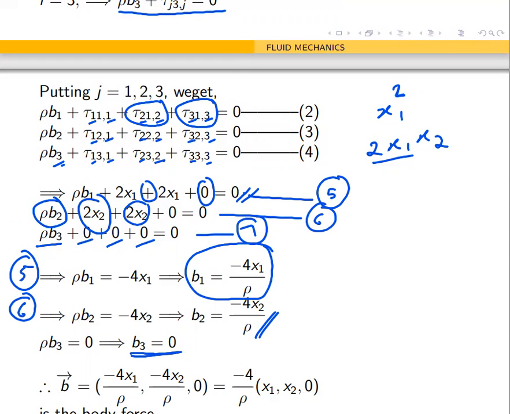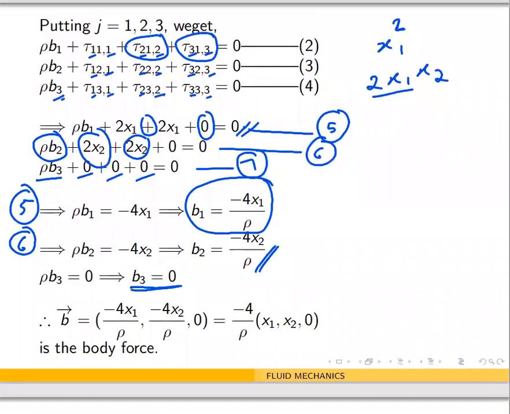So therefore, b is nothing but b1, b2 and b3. Minus 4 by rho is common, and we have the remaining x1, x2, 0. This is the required body force acting on such a continuum.